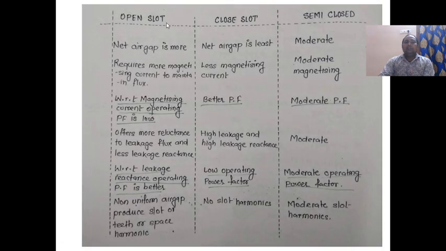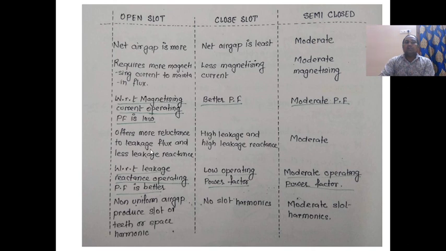The main differences between open, closed and semi-closed slots are as follows. In open slots the net air gap is more, in closed slots it is least, and in semi-closed it is moderate. Open slots require more magnetizing current to maintain flux, closed slots require less, and semi-closed slots moderate. With respect to magnetizing current, the operating power factor is low in open slots, better in closed slots, and moderate in semi-closed slots.